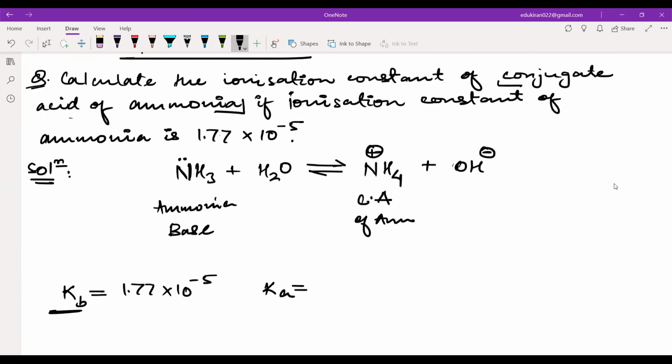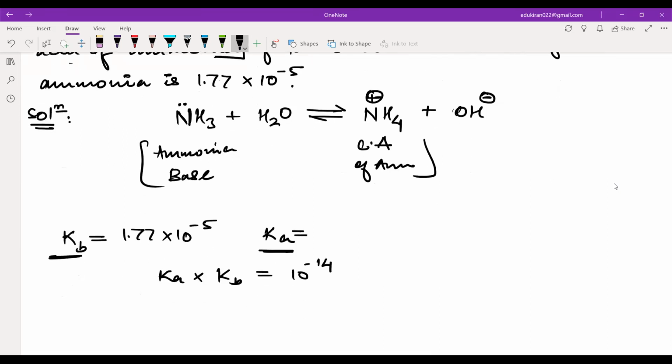So we know that there is a relationship between Ka and Kb, that Ka into Kb, because these are conjugate pairs, this will be equal to 10 to the power minus 14. Okay. So now we have Ka, which will be equal to 10 to the power minus 14 divided by 1.77 into 10 to the power minus 5.